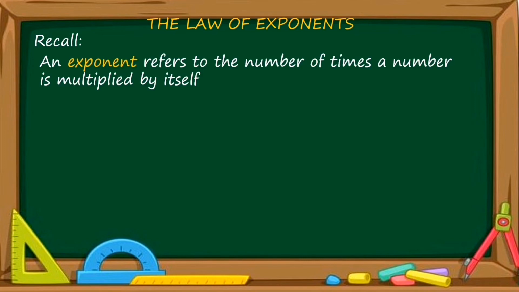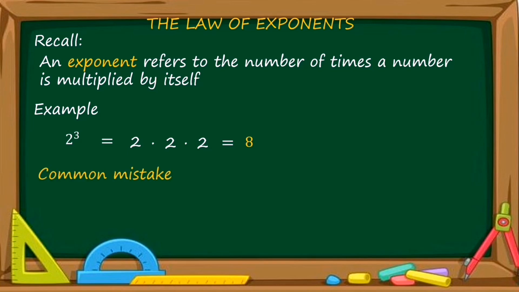An exponent refers to the number of times a number is multiplied by itself. Example is 2 raised to 3. It is equal to 2 times 2 times 2, which is equal to 8. A common mistake is that 2 raised to 3 is not equal to 2 times 3.